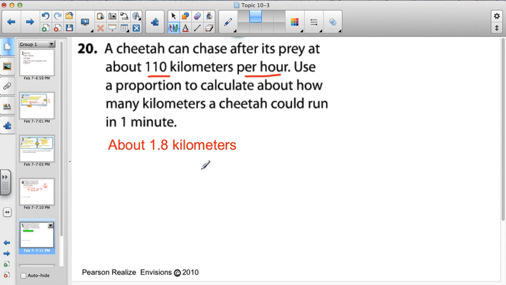And so what we want to do is take our original ratio of 110 kilometers per hour, but instead of writing the unit of 1 down there, we're going to change it over to minutes. So we're going to write it as 110 kilometers per 60 minutes.